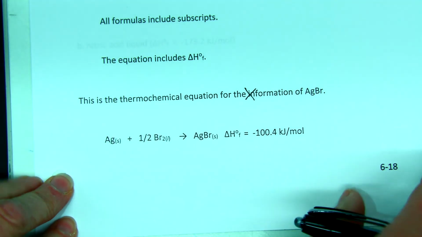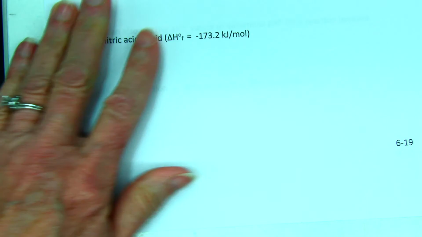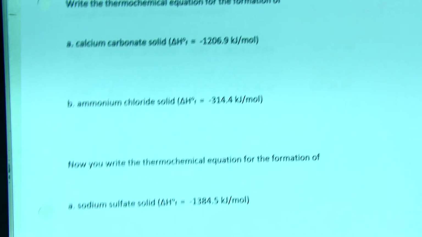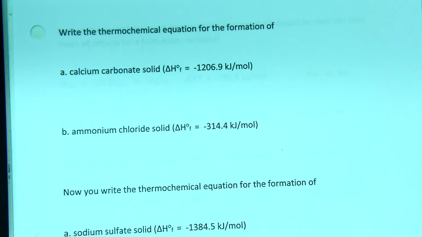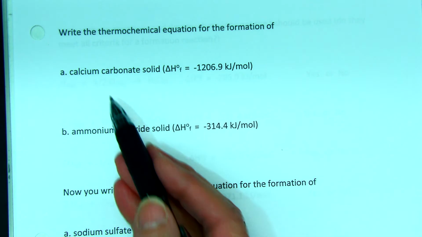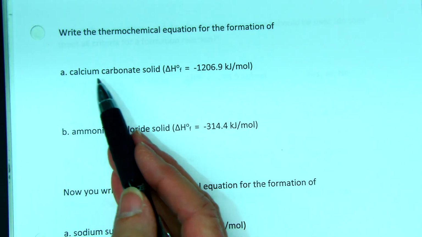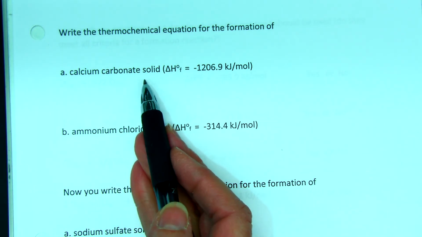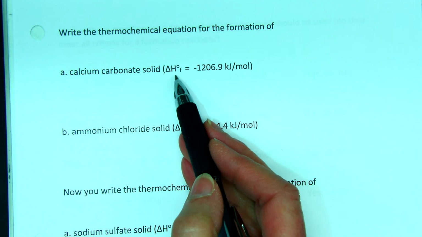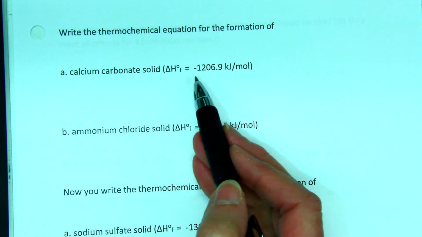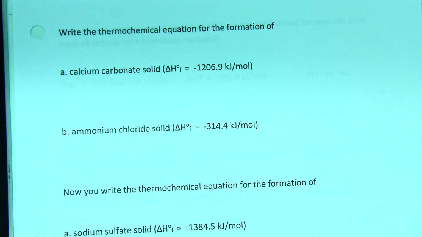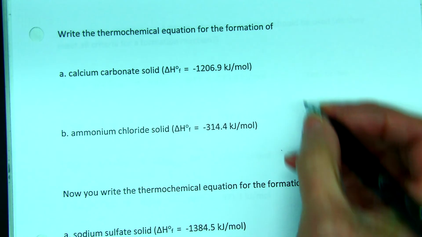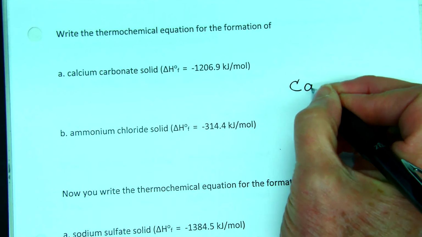Now, in your future, when someone asks you to write a thermochemical equation for the formation of whatever, here's how you do it. We look at what we're trying to form, calcium carbonate solid, and we grab the chart and look up the standard enthalpy of formation. Then, I always do these backwards. I start with the product. So I want to make 1 mole of calcium carbonate.